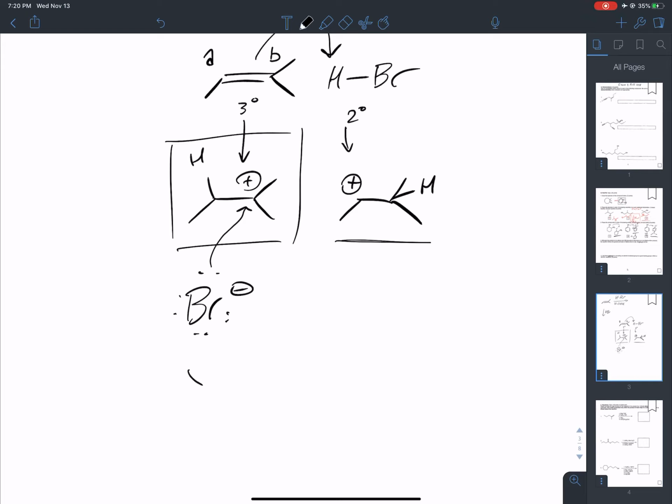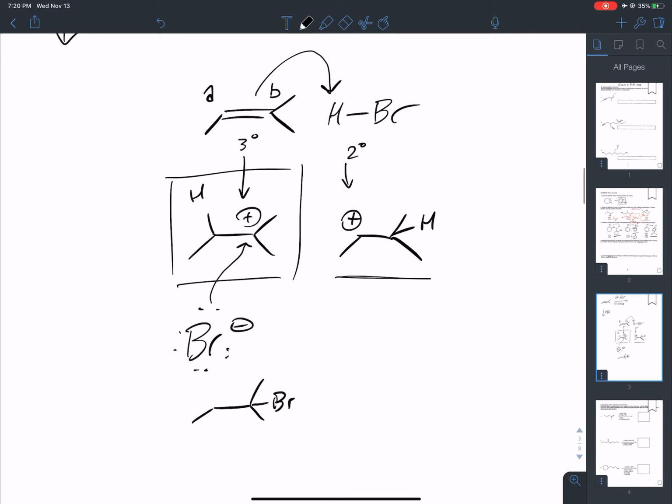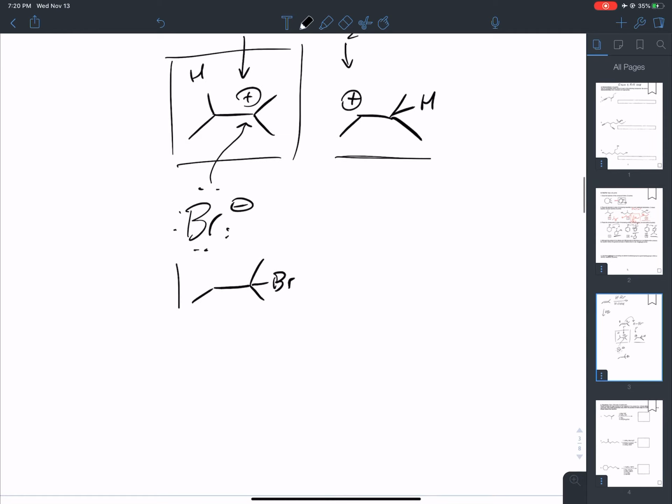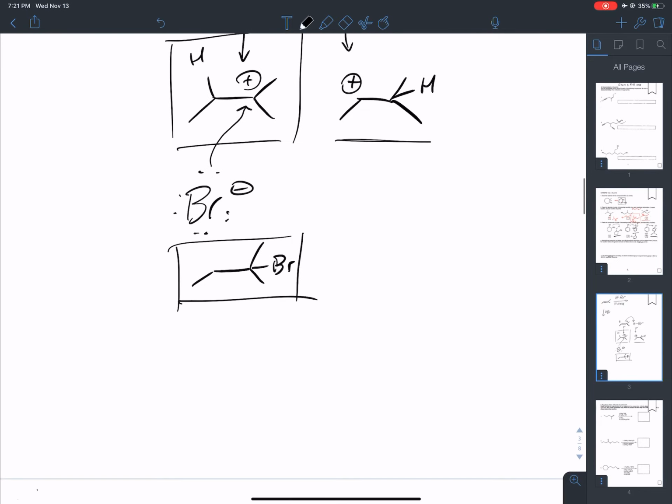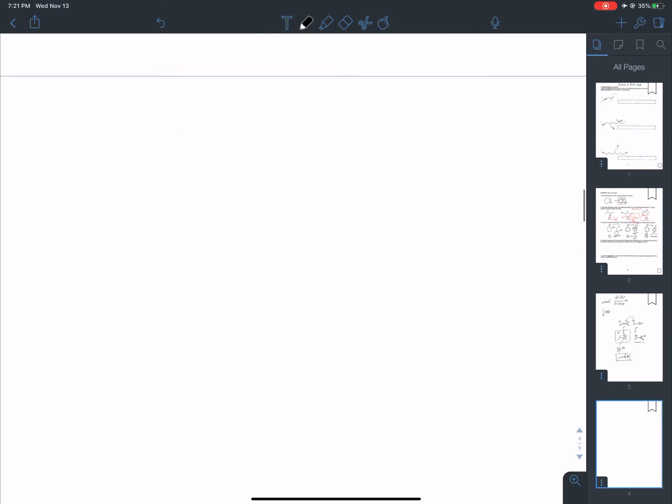And we end up, I'm going to not draw the hydrogen just to keep it line angle, we end up with a Br on the most substituted carbon. So that's a Markovnikov addition. But we proceeded through the most stable intermediate. That puts the Br on the most substituted carbon. Let's contrast now the reaction with peroxides.